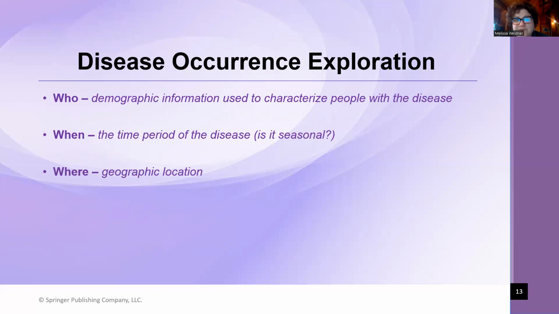And when is the time period of the disease. We may notice that diseases come with the season. If we think of the flu, we know that it's more common from October through the early spring. And the other thing we want to think about is where it is, and that's the geographic location.